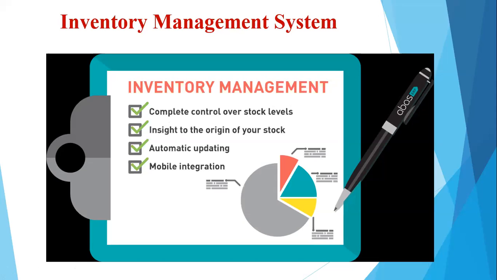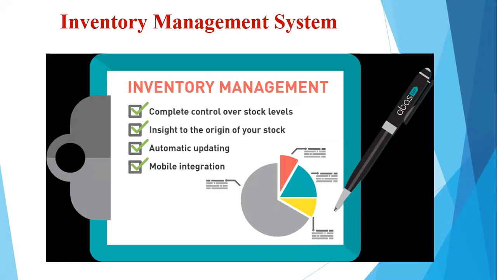Then insight into the origin of your stock: when and how the stock is being procured, when the requisition is being raised, and why at all the stock is being procured. So what is the reason for procurement? Then automatic updating as and how the stock is issued.